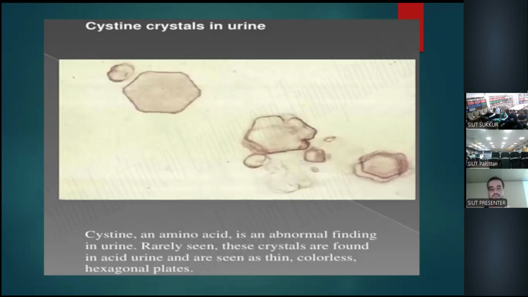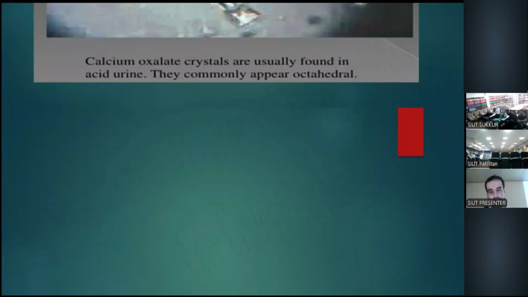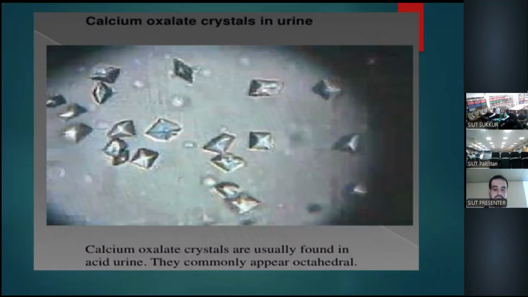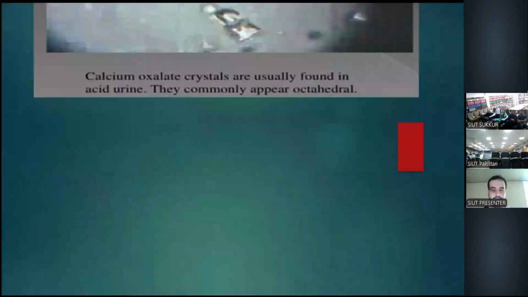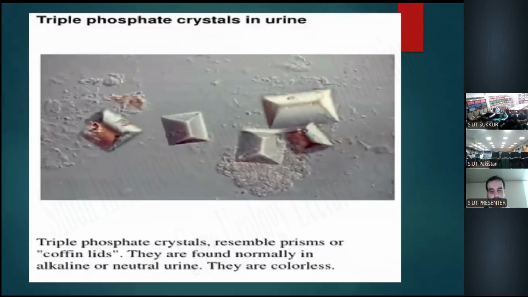The crystals are hexagonal in shape, which is typical for cystine crystals, while in the previous slide they were envelope shaped, which is typical of calcium oxalate disease. And these are the triple phosphate crystals, which are typical of coffin lid shape. See the image.